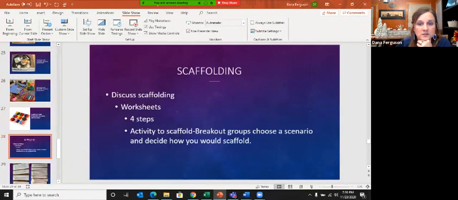Okay, let's talk about scaffolding for just a minute. I want to explain it to you a little bit. Scaffolding is basically taking a child where they are in their development and building upon that. There are 4 steps to scaffolding.